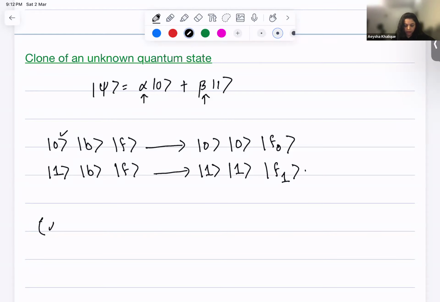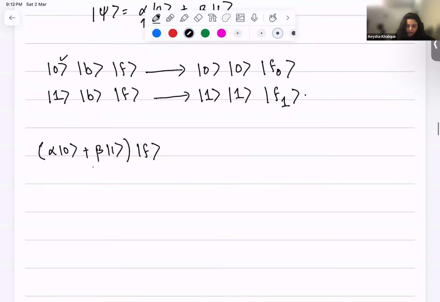So the state is an unknown state, which is alpha 0 plus beta 1. And I use this same cloning machine, which is in the state F, to clone this. So how will it go? After the cloning, I have to apply the linearity of quantum mechanics, which means that if there is this sum, it should go term by term.